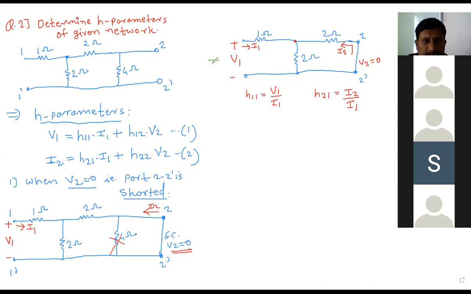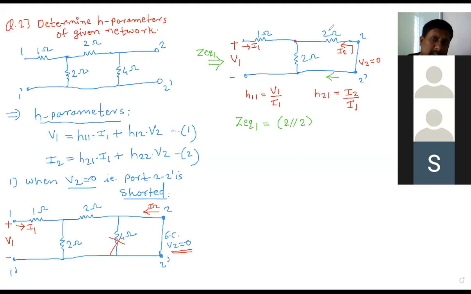Z equivalent from port number 1, because these are the variables of port 1. Are 2 and 2 connected in series or parallel? 2 and 2 are connected in parallel, start from the opposite side. That is in series with 1.